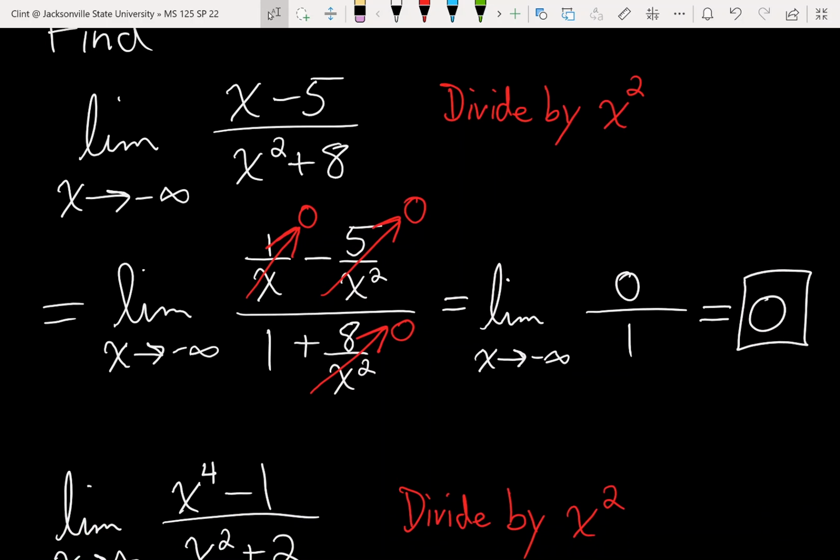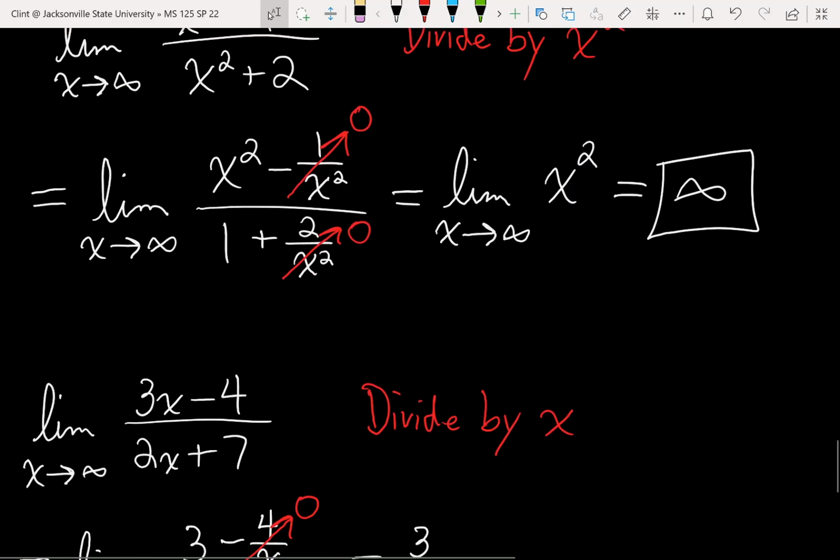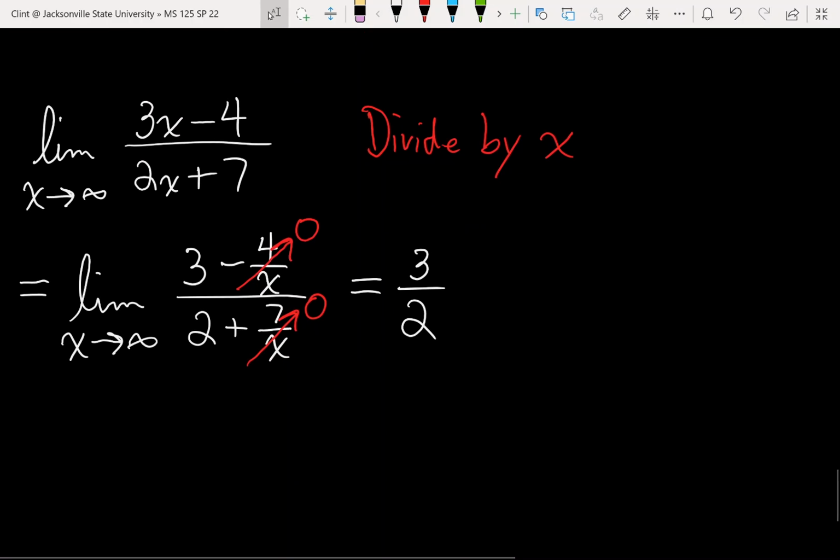So let's see if we can pick up on what the situation is. On this one, where we get 3 over 2 as our limit, the situation is the polynomial on the top and the polynomial on the bottom have the same degree.